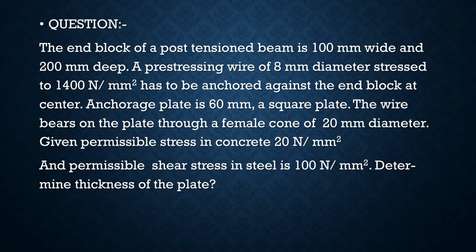Anchorage plate is 16 mm square plate. The wire bears on the plate through a female cone of 20 mm diameter. Given that permissible stress in concrete is 20 Newton per mm square and permissible shear stress in steel is 100 Newton per mm square. We have to determine the thickness of the plate.